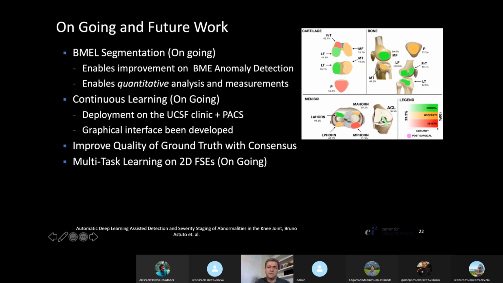I don't have the slides for it yet. I cannot show you these results right now, but the improvement of the bone segmentation and the bone anomaly detection model is something that we are currently working on as well. And we are discussing the deployment of our models in the UCSF clinics.